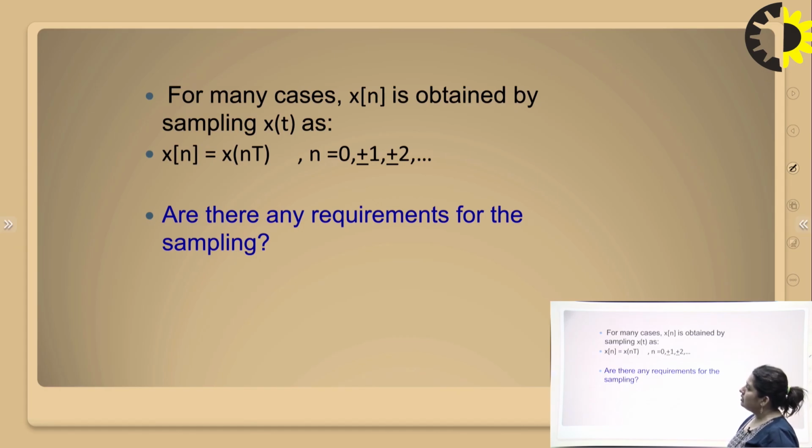According to the requirement, we want the samples at the 0th position, first position, second position, or similarly from -1, -2 and so on. So are there any requirements for the sampling? Obviously yes. There are requirements for the sampling to obtain our discrete time signals, and these discrete time signals are mainly used in audio systems nowadays, digital pilots and so on.